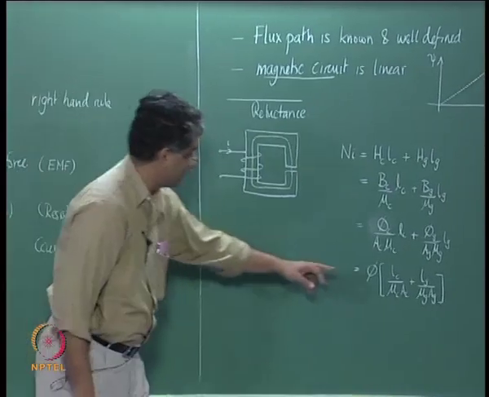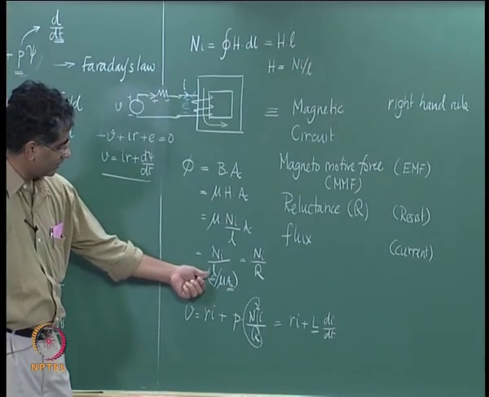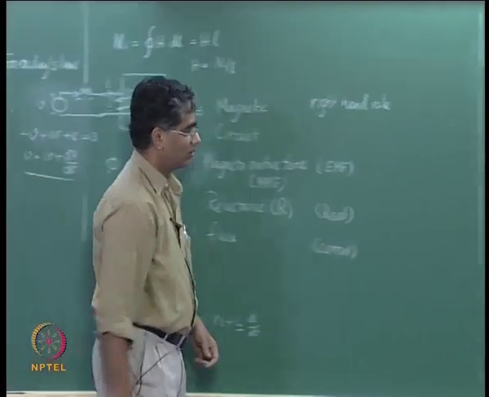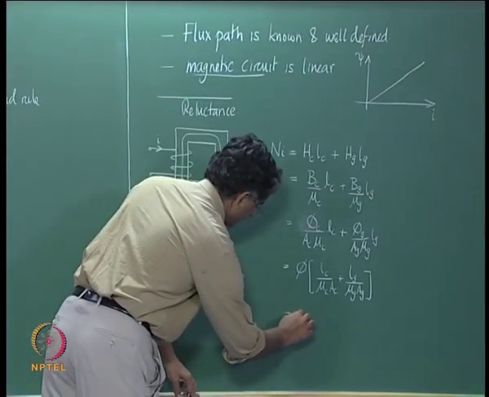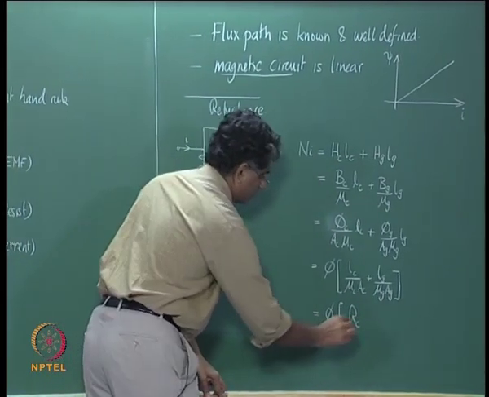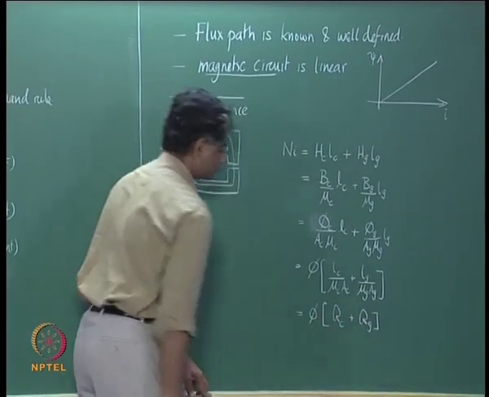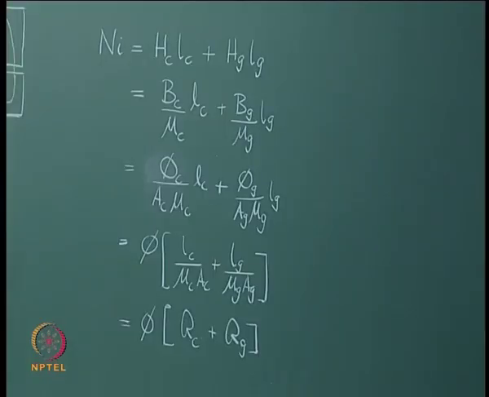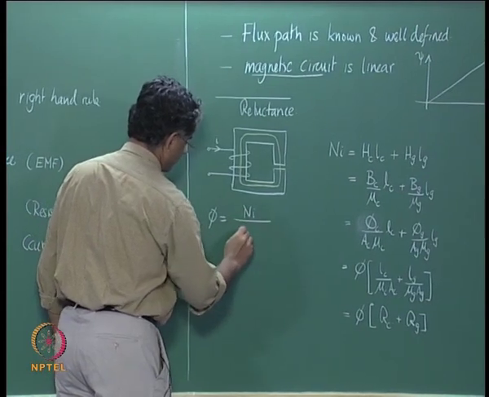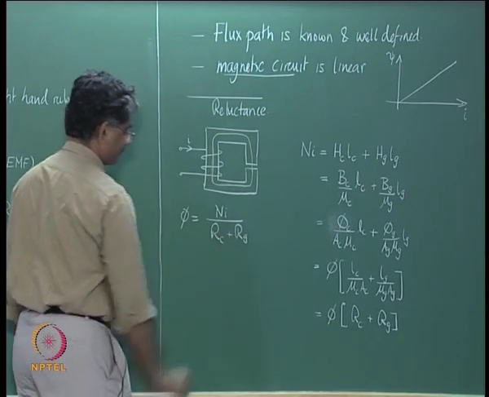And we have already seen this number L by mu A, which we defined as the reluctance. So one can now write this as phi multiplied by reluctance of the core plus the reluctance of air gap, and therefore you get the expression phi is nothing but the total MMF divided by reluctance of the core plus reluctance of the air gap.